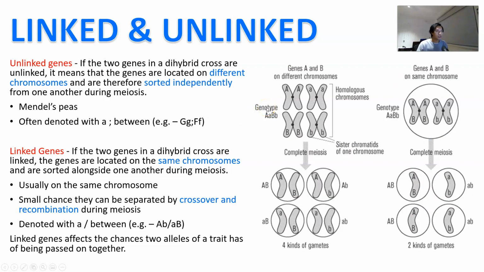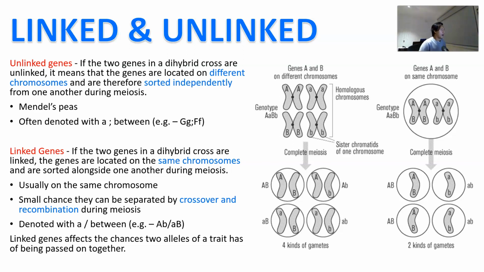Now, one of the key things you need to distinguish in a dihybrid cross is whether or not the genes are linked or unlinked, right? Unlinked genes means that both genes are found on different chromosomes, right? Because they are on different chromosomes, they're going to be sorted independently of one another during meiosis, which means they're going to appear in pretty much equal ratios, right?